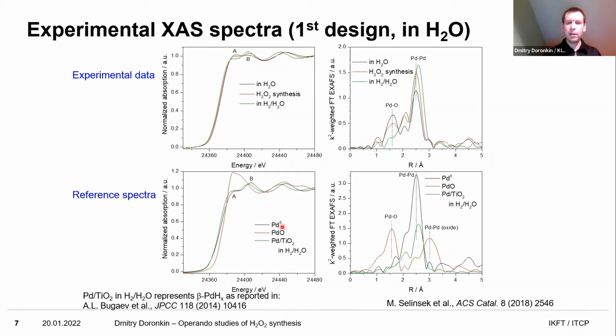So for our catalyst, of course, it's difficult to get a beta hydride reference. We need to do some in situ measurements, ideally with large nanoparticles if we want data on the bulk hydride, but we didn't have that. We had only our catalyst, and it appears that it's enough just to have 10 bar of hydrogen saturated water to drive it fully to the beta hydride regime.